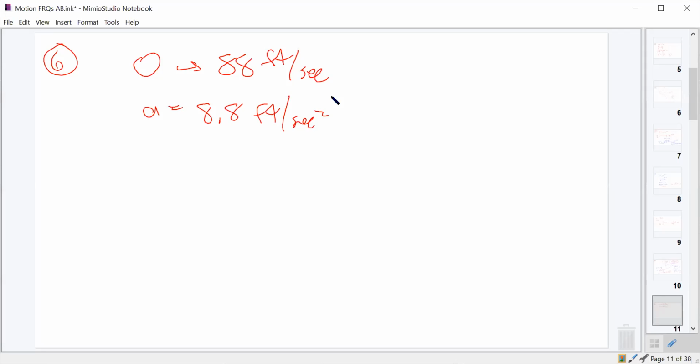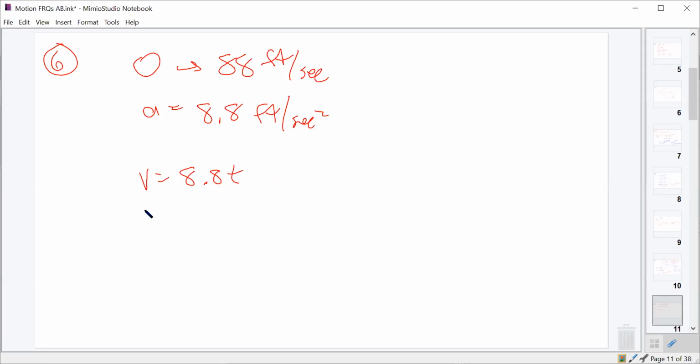And from there, we should be able to integrate to get v equals 8.8 t plus, once again, my initial velocity. Well, what's my initial velocity? It's going from 0 to 60 miles an hour, so it's going to be 0. So we've got v equals just 8.8 t.